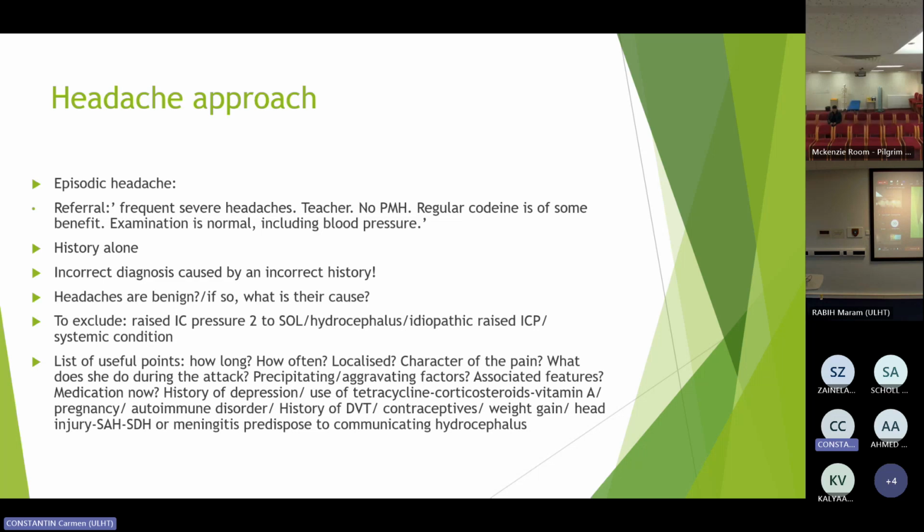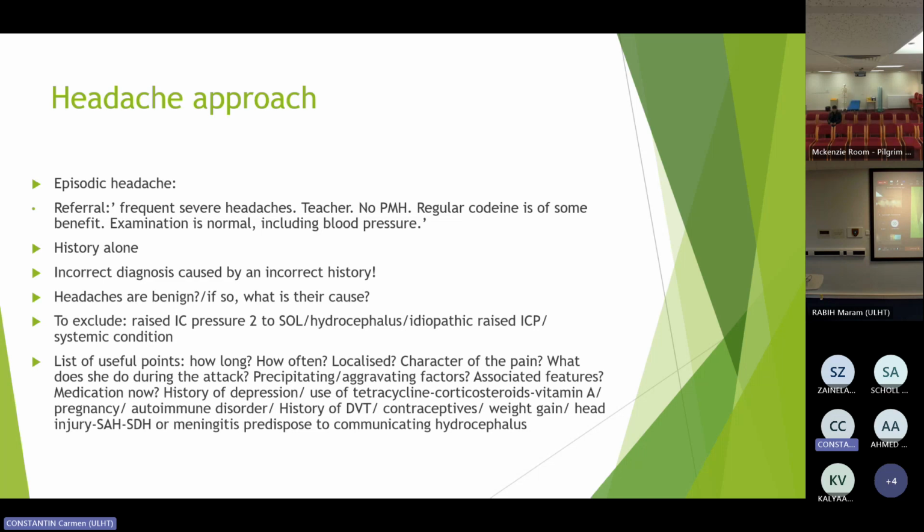Very important is to exclude life-threatening conditions like raised intracranial pressure secondary to any of the following: space-occupying lesion, including a hemorrhage or a large infarct, hydrocephalus, or even idiopathic raised intracranial pressure, less often a systemic condition.